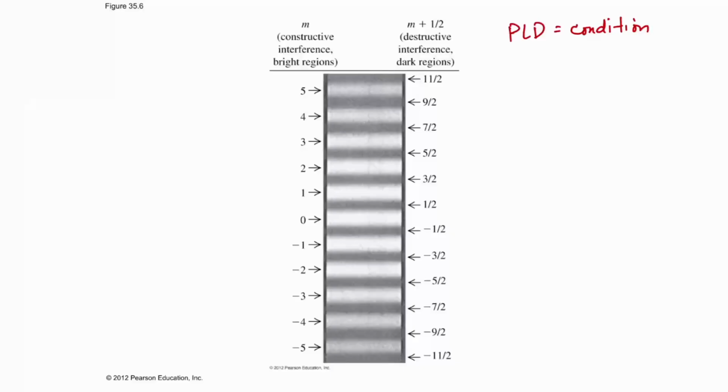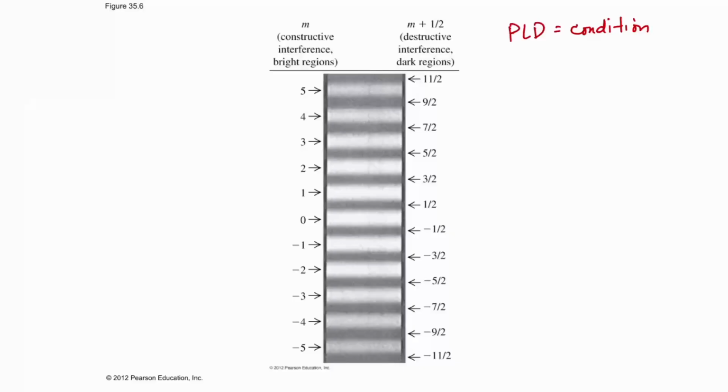We are going to set that extra distance to a condition that we get to choose. And the condition we get to choose is either constructive or destructive interference. There are other kinds of interference, but we're going to deal with those two extremes. So in all interference, we are looking for a path length difference, and I'll teach you how to do that for all the different situations.